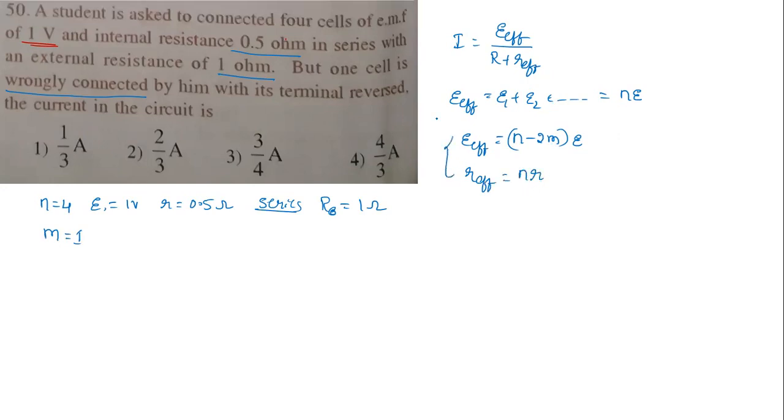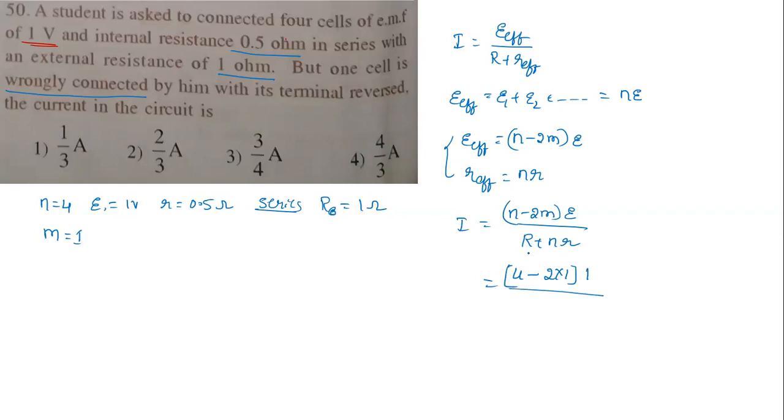Now use these two equations in the above equation. Then the current is given by N minus 2M times E divided by R plus N times r. Now N is 4 cells, minus 2 times the number wrongly connected, which is 1, multiplied by EMF 1 volt.